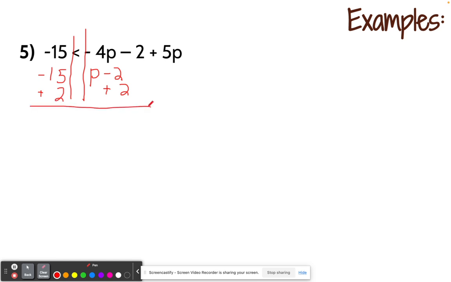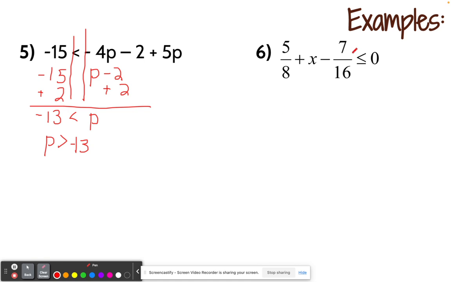And I have negative 13 is less than p. Again, I want to rewrite it with my variable on the left. The alligator's eating the p. So flip that. This should be p is greater than negative 13. So make sure that you flip that around when you change the variable from the right to the left.